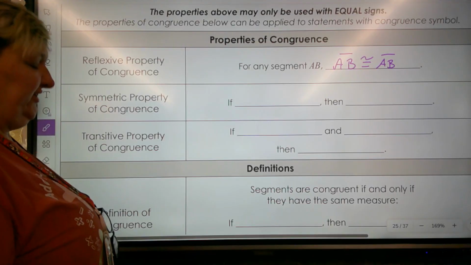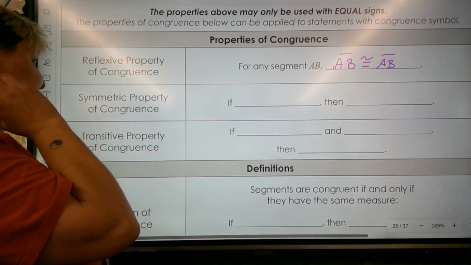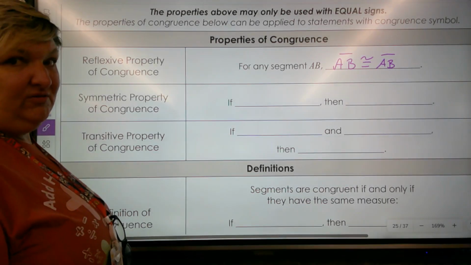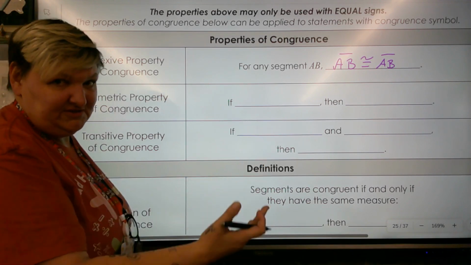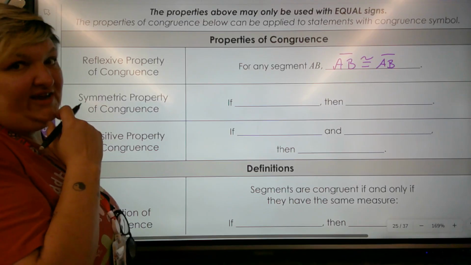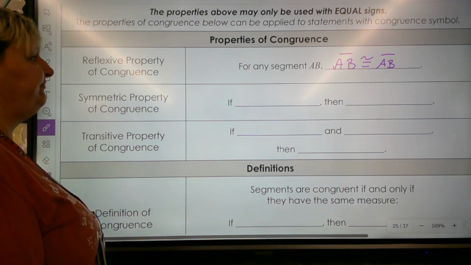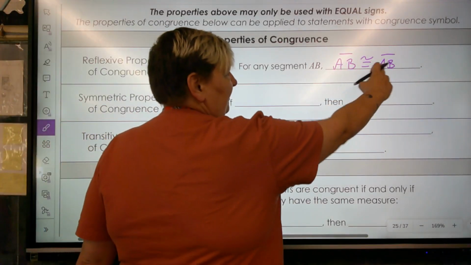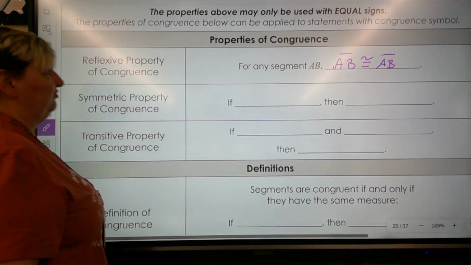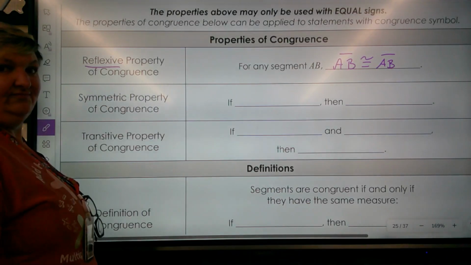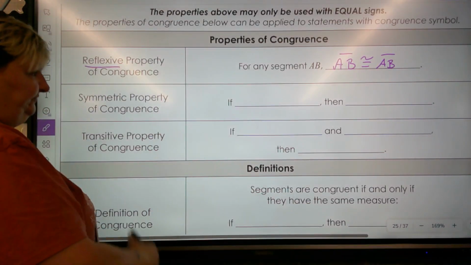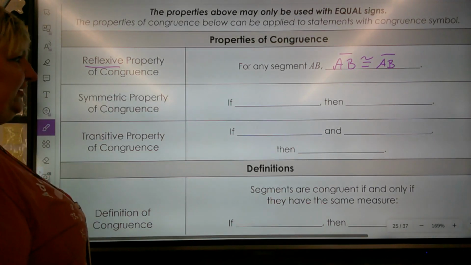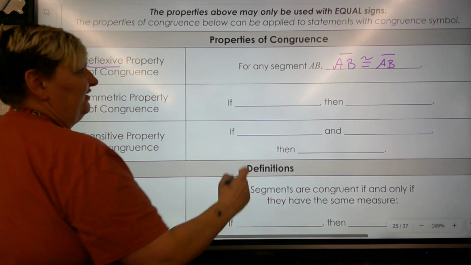It's the same. It's basically 5 equals 5, except we're using segments. It's A equals A, except we're using segments. So it has to be equal and identical for it to be reflexive.